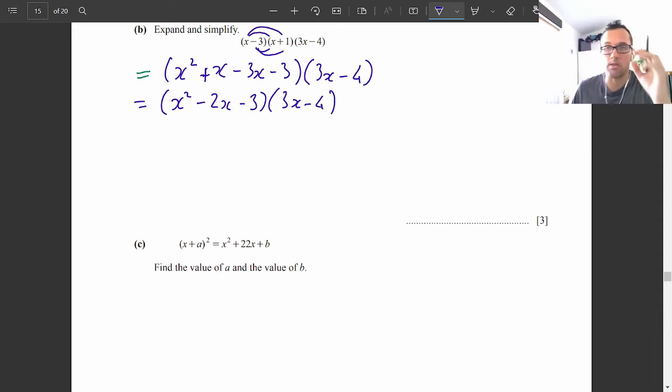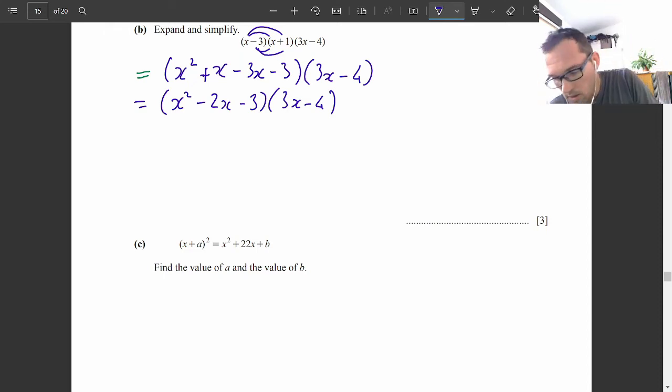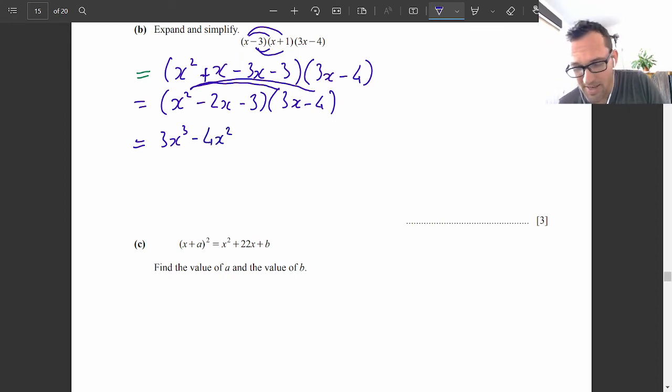Right, now we've got two brackets to expand again. The first one has 3 terms and the second one 2 terms. Remember, we have to multiply everything with everything. So keep your head together. First, x squared times 3x gives us 3x cubed. Then the x squared with the minus 4 gives us minus 4x squared. Next, the middle term, the minus 2x.